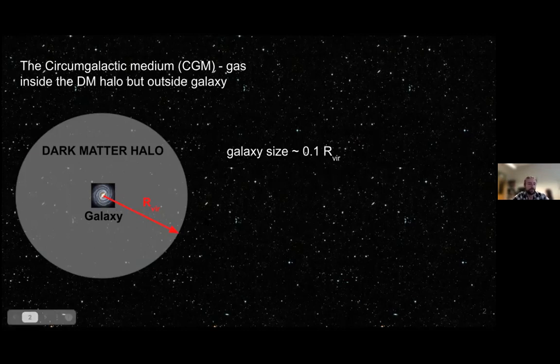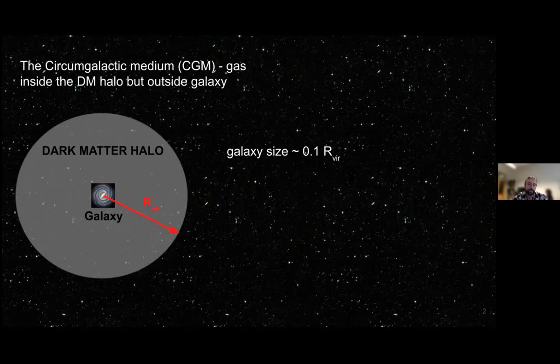This dark matter halo is significantly more massive than the total amount of stars in the galaxy and extends out significantly further. Galaxies live in the center of this roughly spherical halo, which has a characteristic size within which it's gravitationally bound. The radius of that spherical halo is called the virial radius, or R_vir, and a galaxy is about 0.1 R_vir.